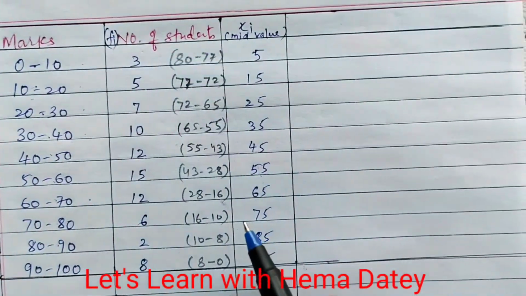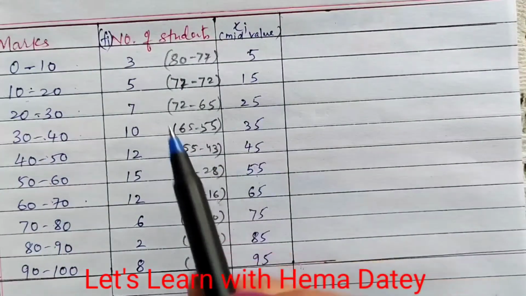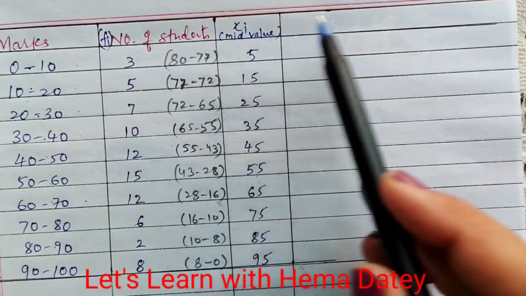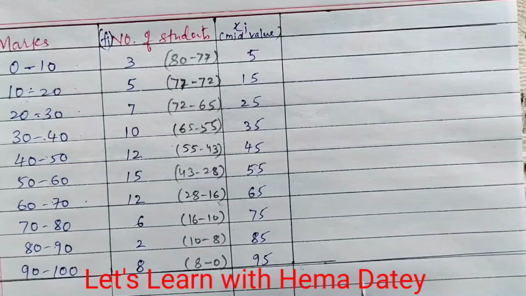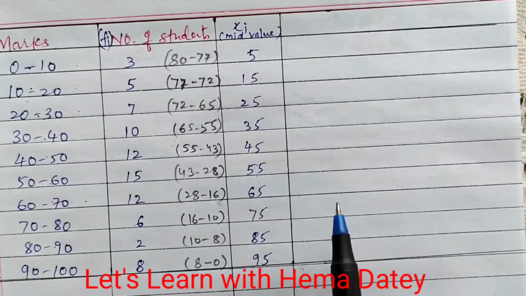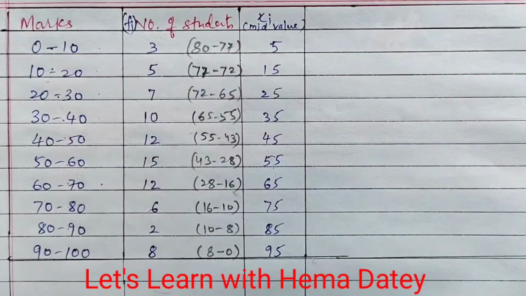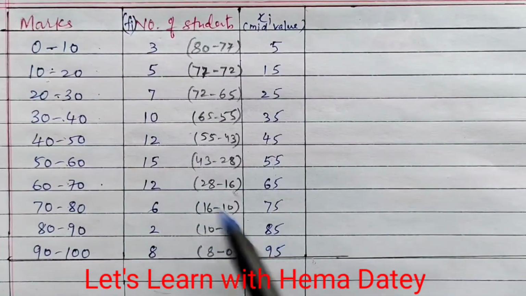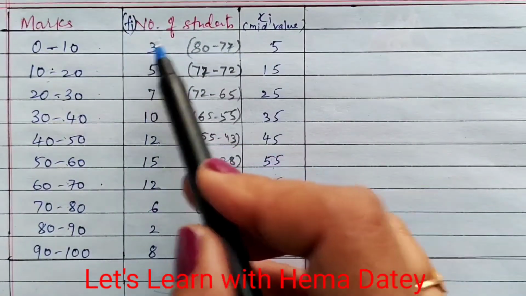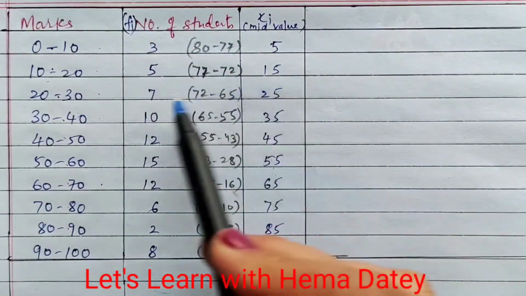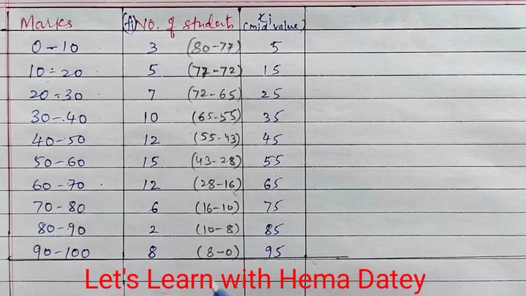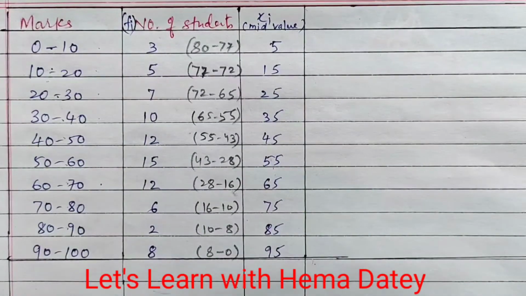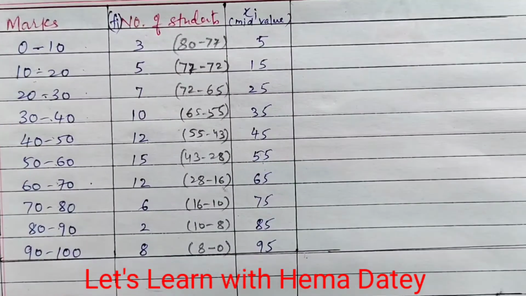If you do this question by the direct method, then you will have to multiply fi and xi. You will make one more column fi xi and do it using the formula. But here these numbers are too big, and when you multiply these numbers with all the fi's, 5 and 3, 5 and 15, 7 and 25, you will get big numbers. So to avoid that and make my calculation simpler, I am using the assumed mean method.